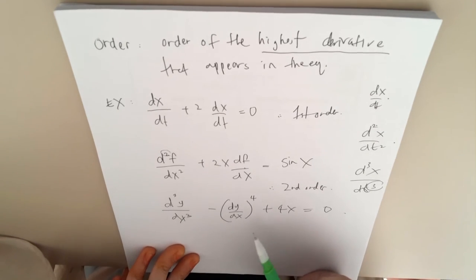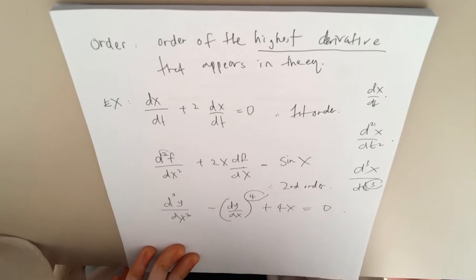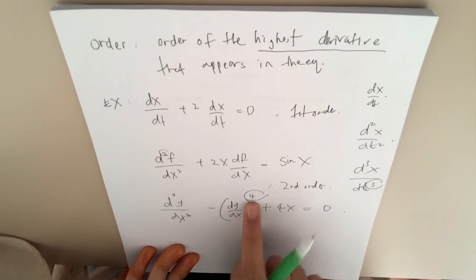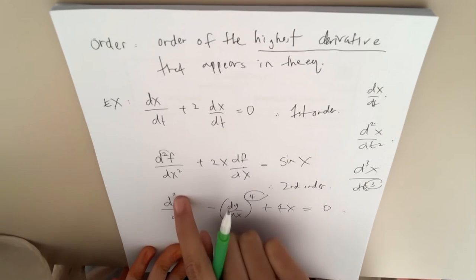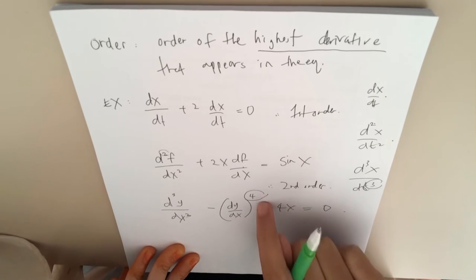How about this one? This number 4 is not the derivative. This is power. You can differentiate between these two. This is how we write the derivative, but this one is not a derivative. This is a power.